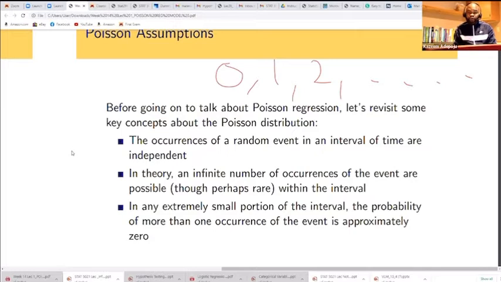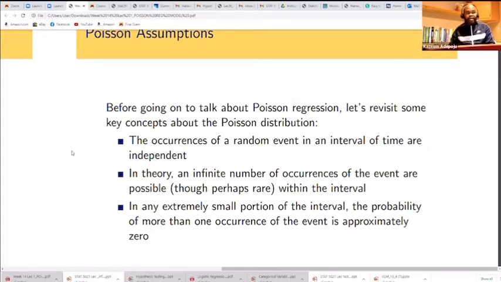There was a time, pre-COVID era, before the numbers kept on going up, where there was a zero number of cases of COVID in any country in the world. So that's an example of count data.